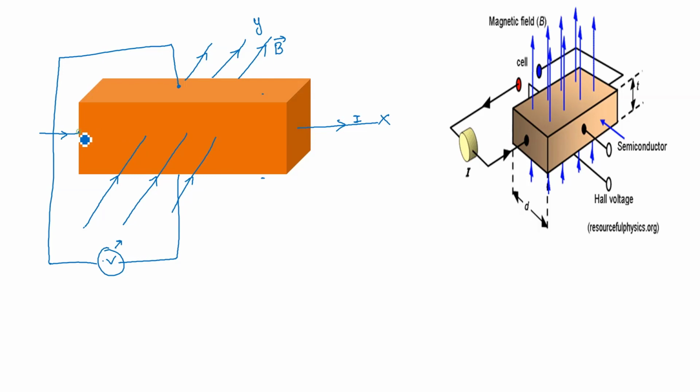Let's see. Suppose charged particles, q or e, are passing through this sample with velocity v.